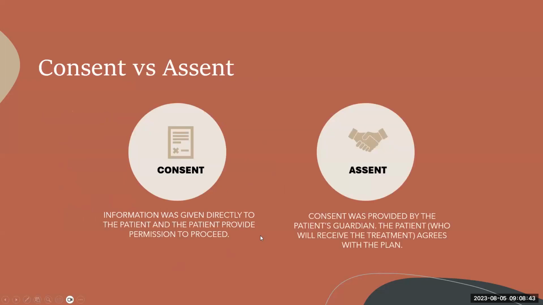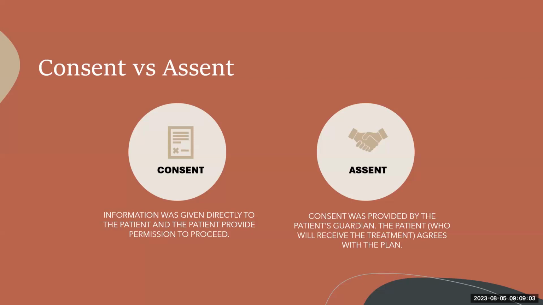All right. And since we're talking about getting consent in case of a minor patient, there's a difference between consent and assent. And it's a very important thing to understand, especially for anyone who works in pediatrics.